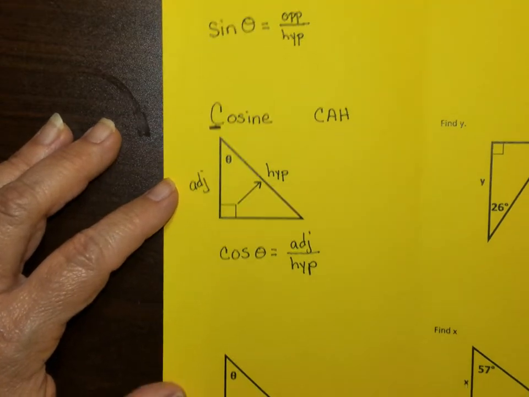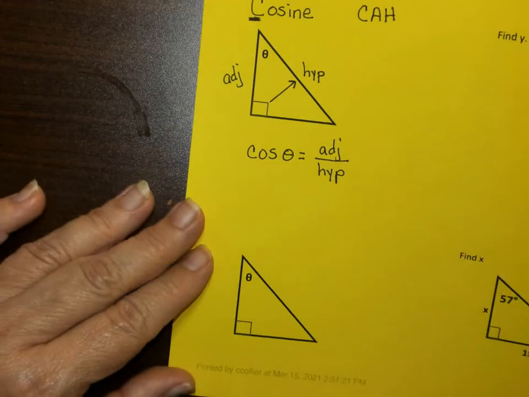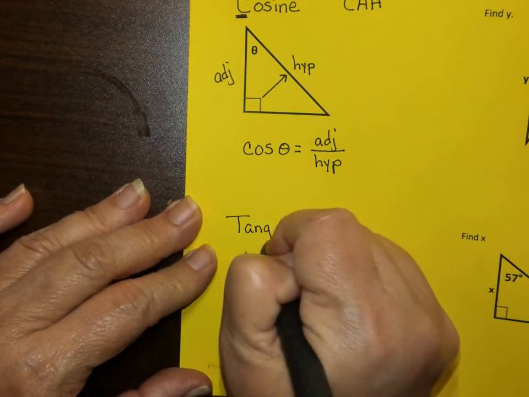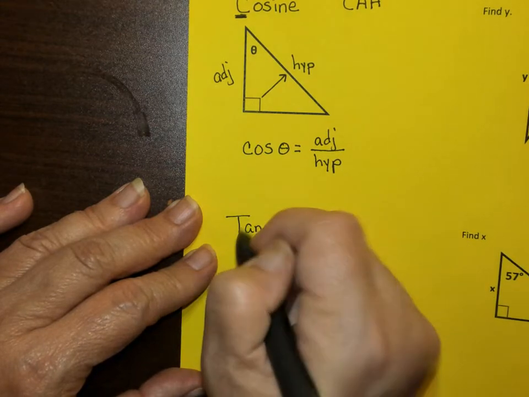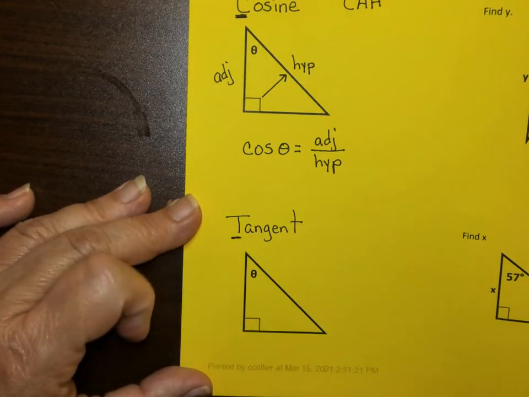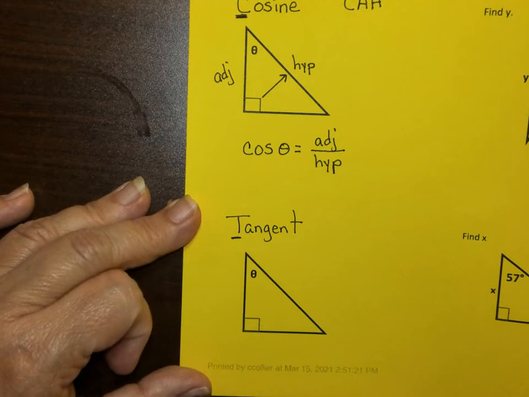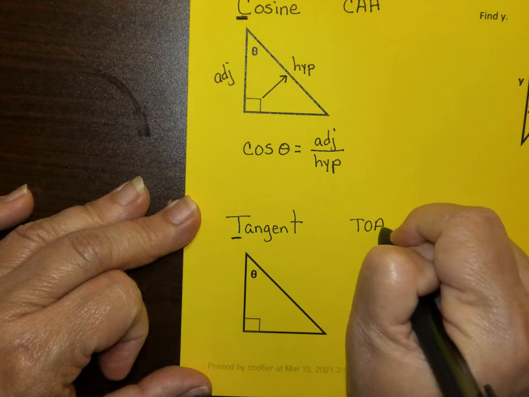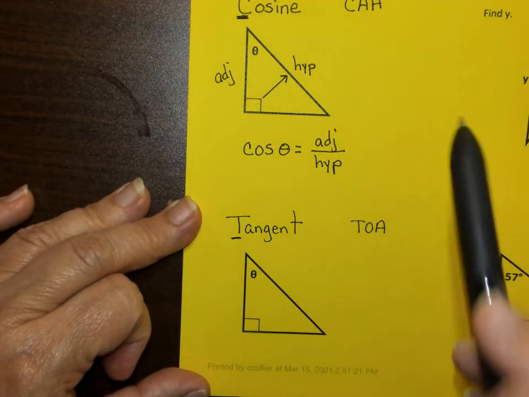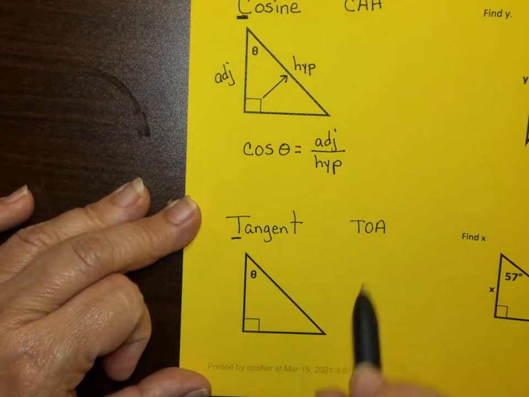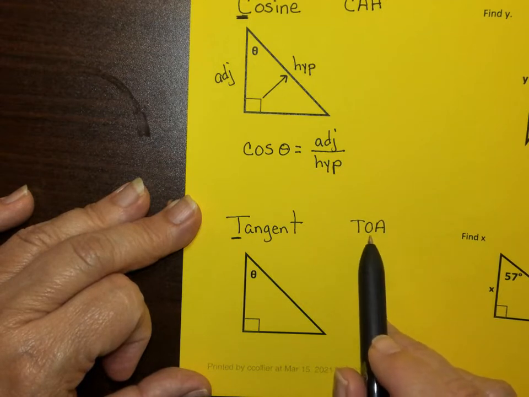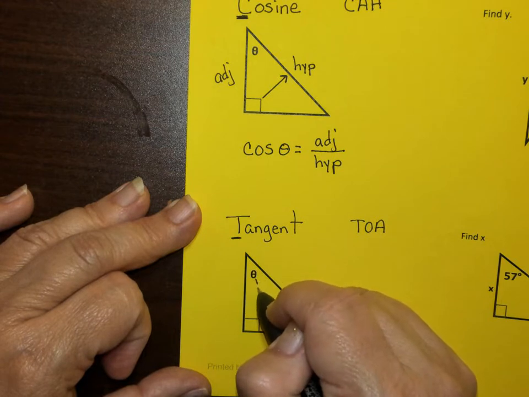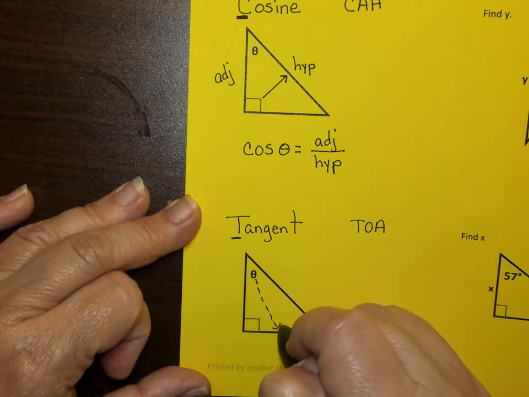Alright, and then our last trig ratio that we're going to learn about is named tangent. And so that's where the T comes from. And this part goes TOA. So-ca, TOA. And so tangent has an opposite and an adjacent in it. So here's my theta. So we go across from theta.